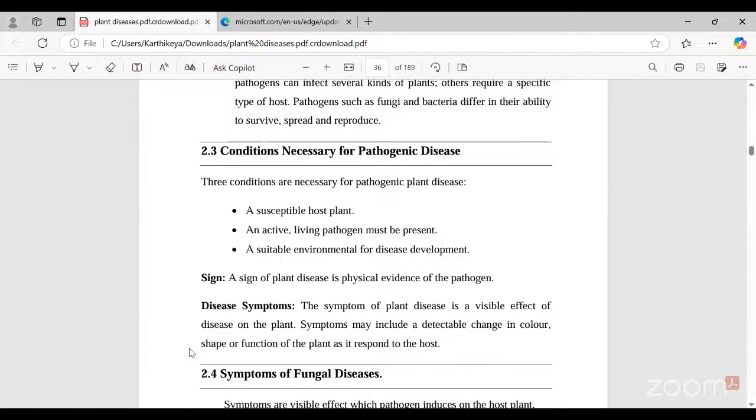Third, a suitable environment for disease development.